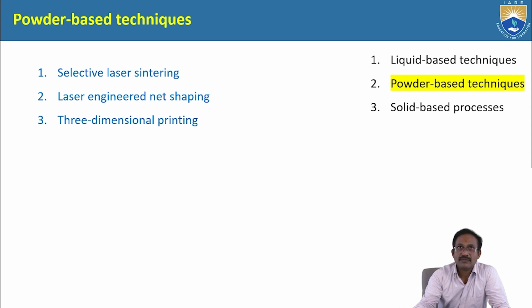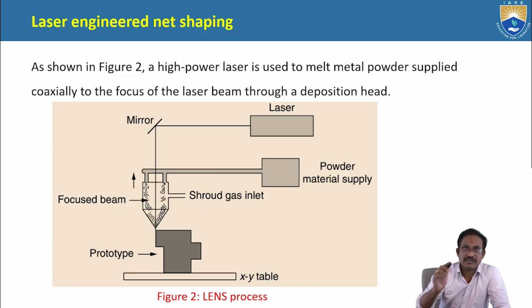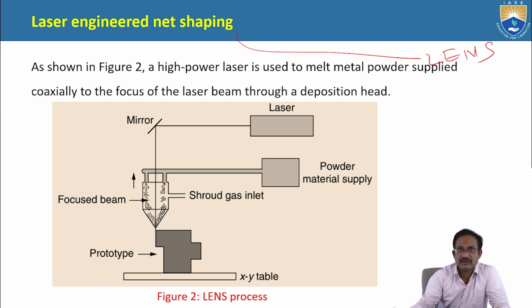Next, powder based techniques. Selective laser sintering, so far we have completed. Now laser engineered net shaping. Look at this figure, figure 2. LENS, laser engineered net shaping.